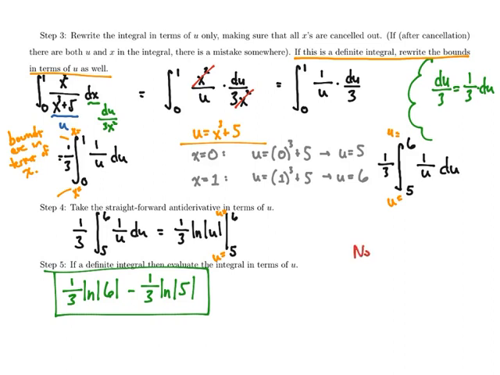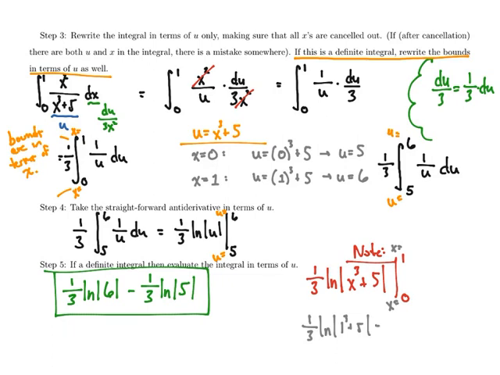And I want to make a note that what we could have done also is rewrite everything in terms of x and evaluate it from 0 to 1, noting that these are now x values, and plug those in and get the same answer, using the fundamental theorem of calculus.